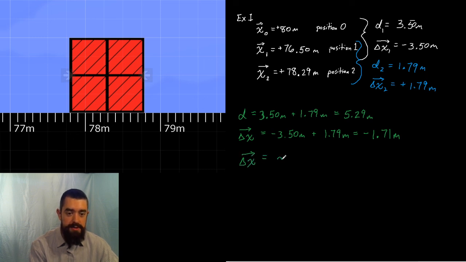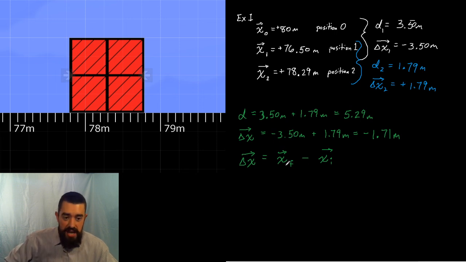But the other way to do that, I could also be calculating it this other way. I could say final position, x final, like a later position, minus an earlier position, so I'll say i for initial, right? That's what we defined earlier as the equation for displacement. So it's change in position, a difference in position. So let's calculate it this other way. The final position was positive 78.29 meters. That was x2, position 2.